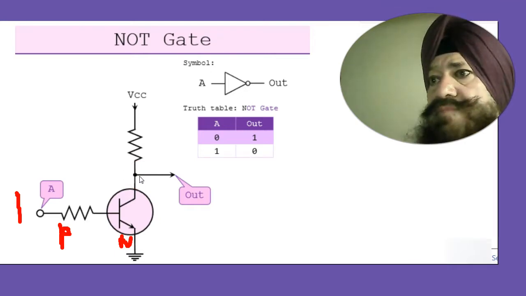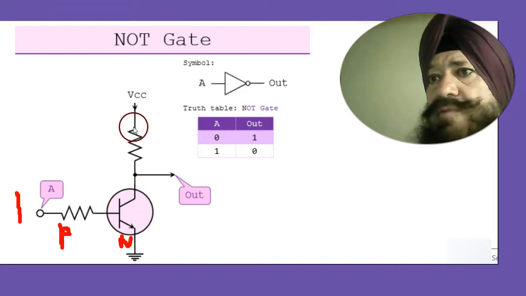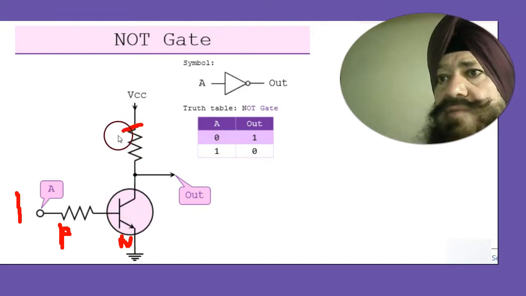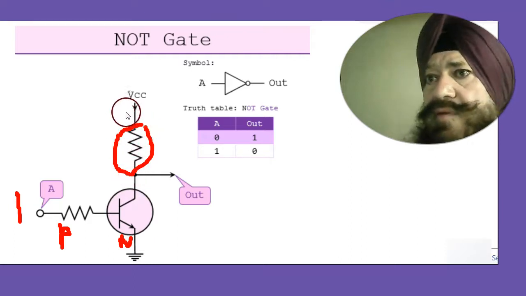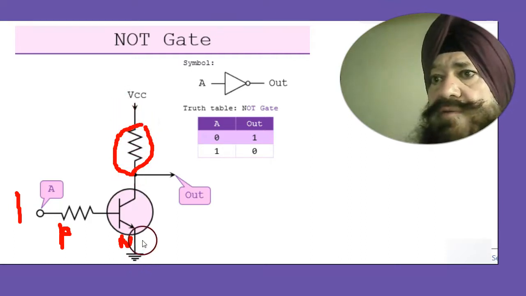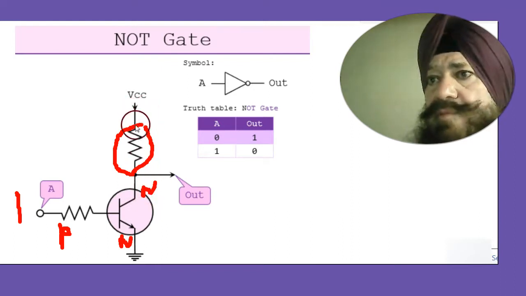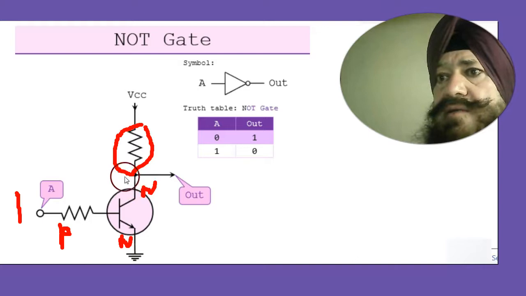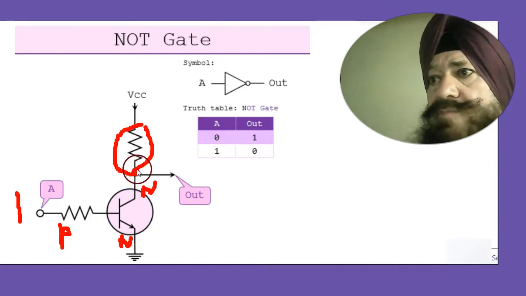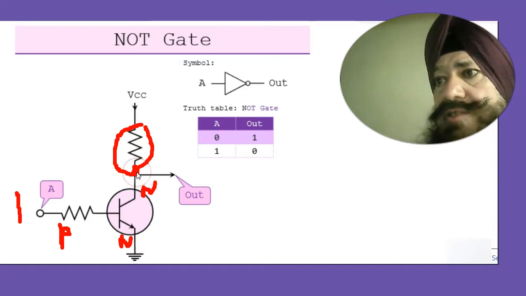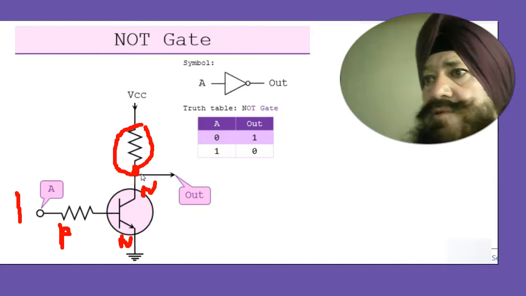Because the collector current is flowing, there will be a voltage drop here. Now this node will come to low potential because the current is flowing.